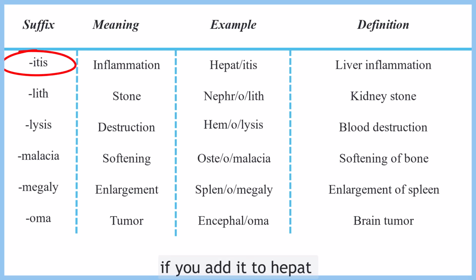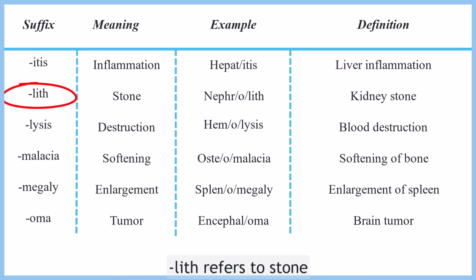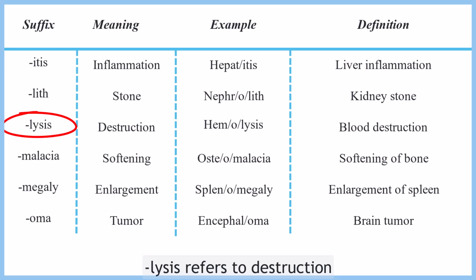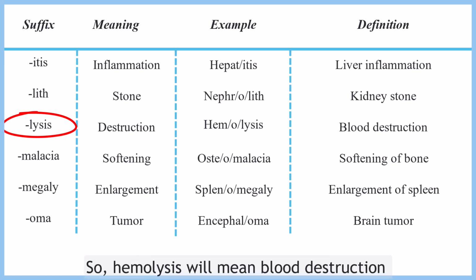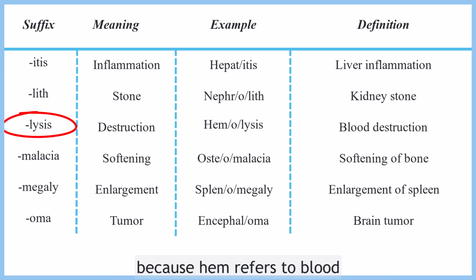If you add it to hepat, which means liver, it becomes hepatitis, which means liver inflammation. Lith refers to stone. Nephrolith means kidney stone. Lysis refers to destruction. So hemolysis will mean blood destruction, because hem refers to blood.